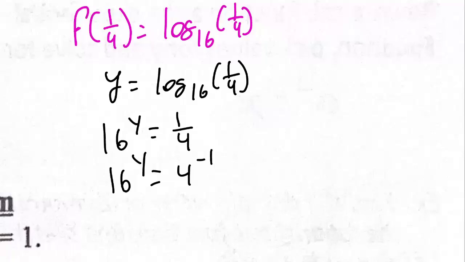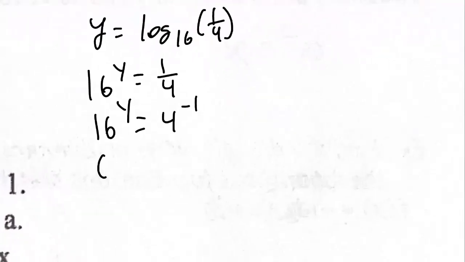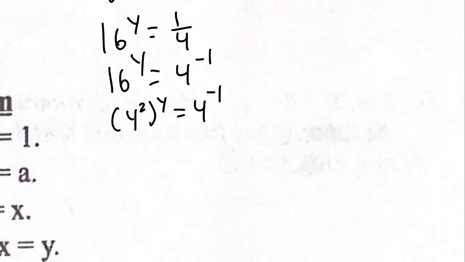I convert that 16 to 4 squared, right? Then you use the property of exponents. You have an exponent to an exponent, so that's just 4 to the 2y equals 4 to the -1.